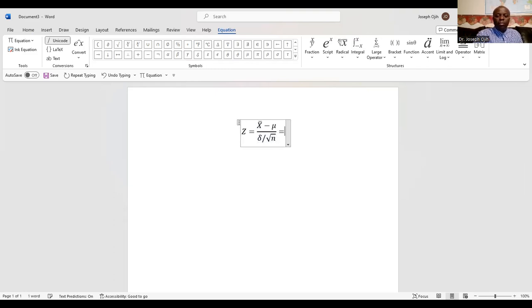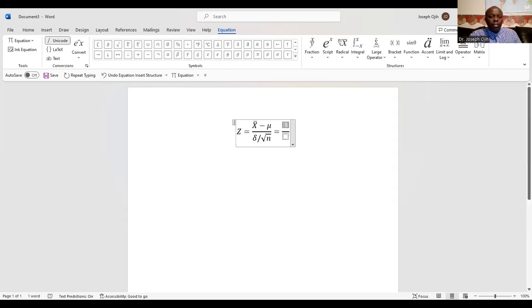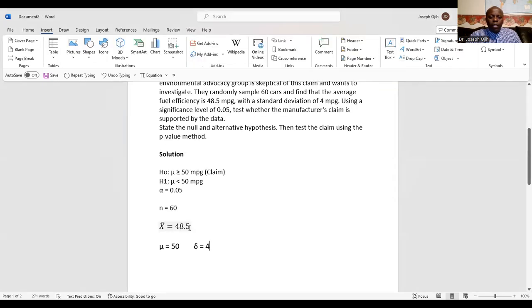I'm doing it here because the other workbook will not allow us to put these characters. When we finish, we copy it to that workbook. Remember from the other workbook, X bar is 48.5, mu is 50, n is 60, and our standard deviation is 4.